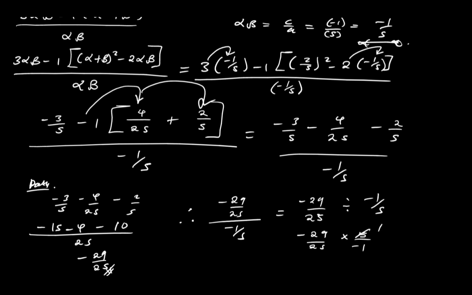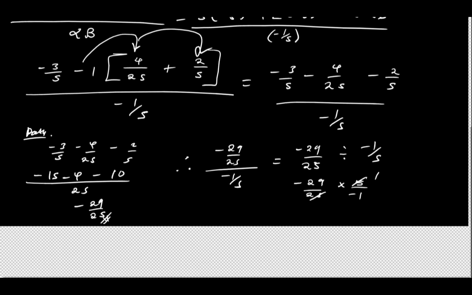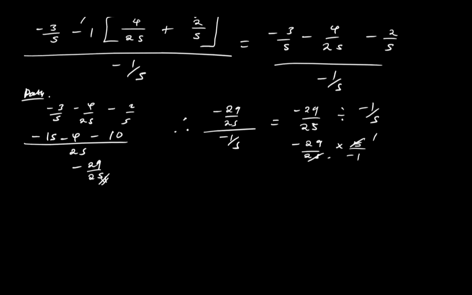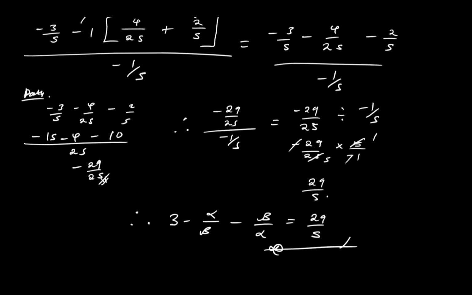So 5 cancels, 5 into 25 you get 5, negative cancels out with negative. So basically you get your final answer as 29 over 5. Therefore, 3 minus alpha over beta minus beta over alpha is equal to 29 over 5.